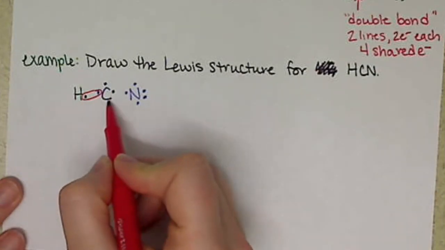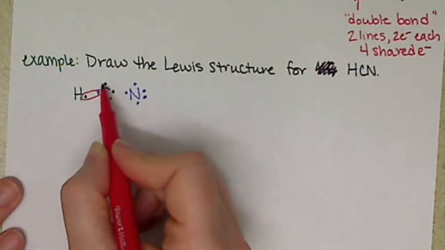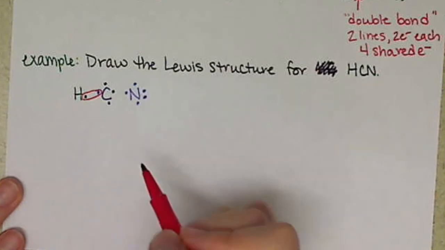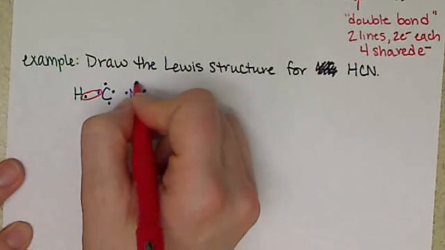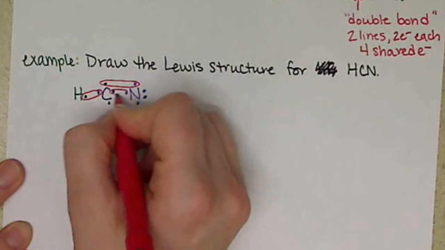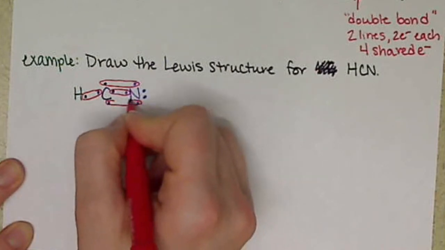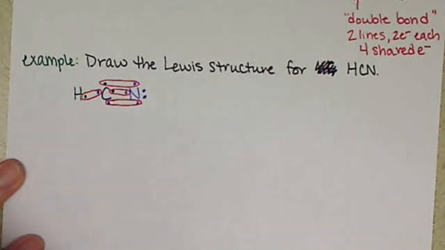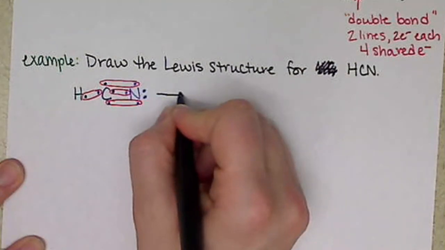Then we have 3 electrons left on carbon. So it wants to share all 3 of those. Same thing over here. Nitrogen has 3 electrons that it wants to share. So between carbon and nitrogen, they're going to have 6 total electrons being shared.